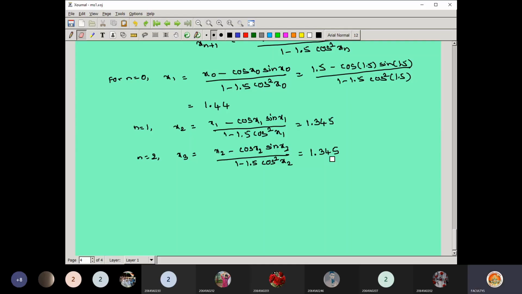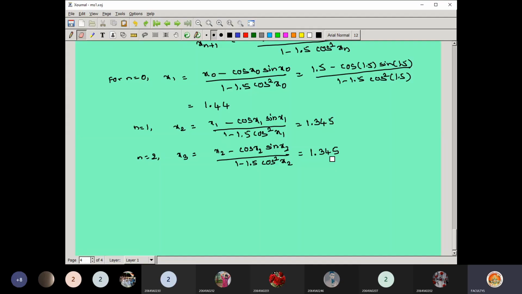Or I can calculate here. So divided by button, x2 value is 1.345. 1.345 minus cos x1, so it is cos of 1.345 bracket close. Screen is stuck, sir.